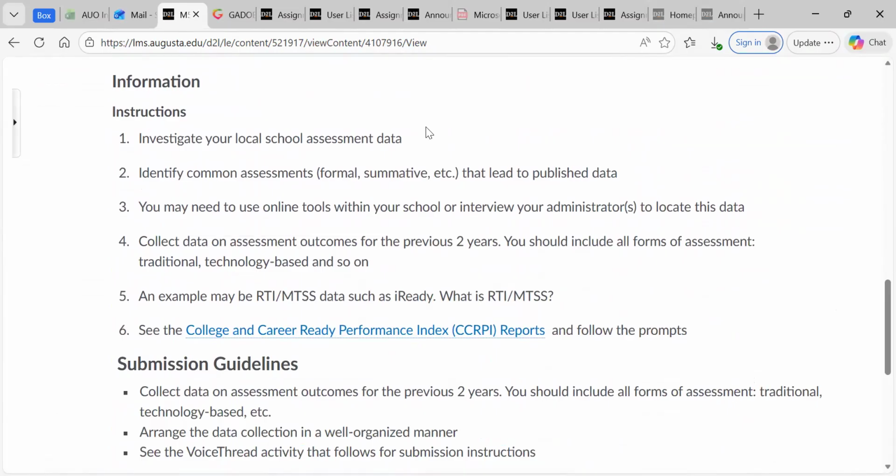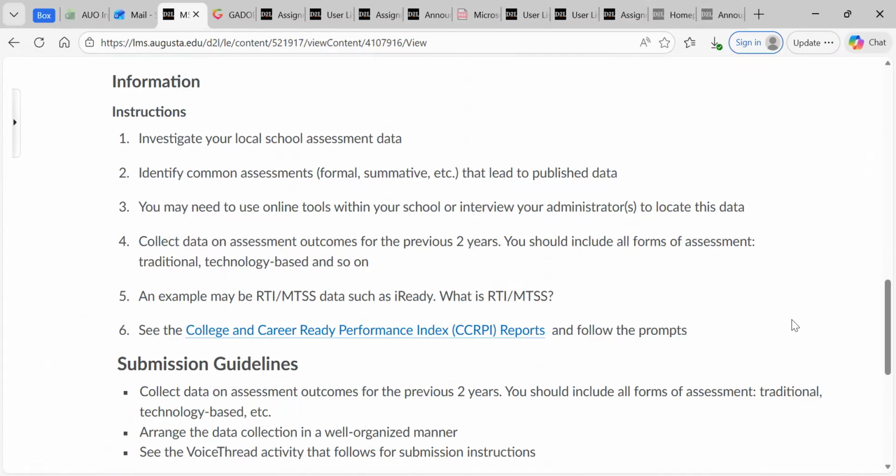So we're looking at your local school assessment data. This could be milestone data. There are a variety of things that you could utilize for this. You need to identify common assessments, whether they're formal, summative, that lead to published data. So we do have a link down here that looks at the CCRPI reports, and that's a great place to gather some of that data.